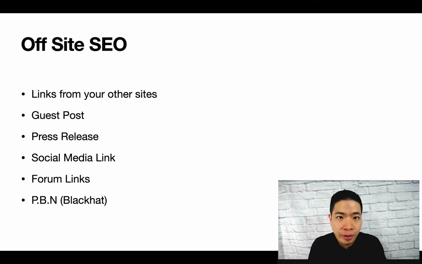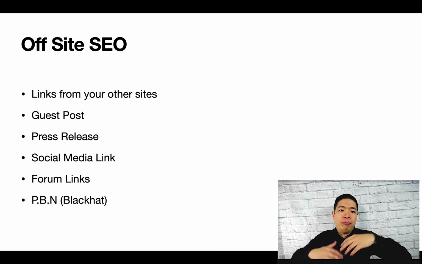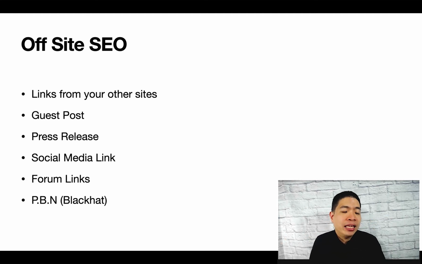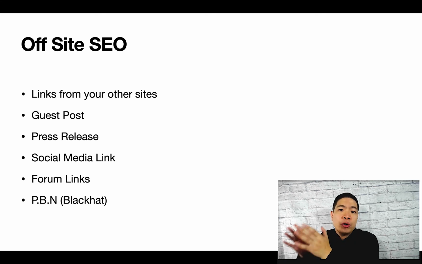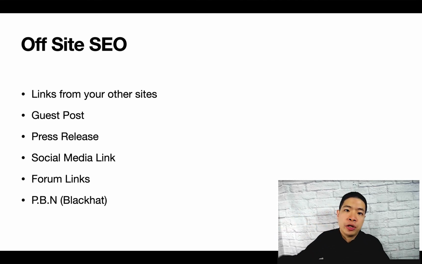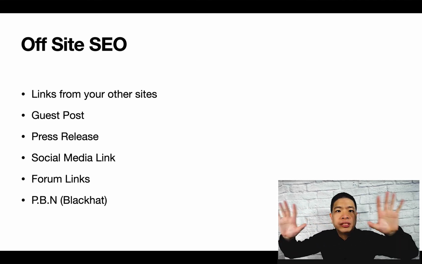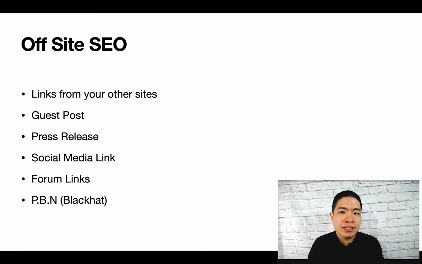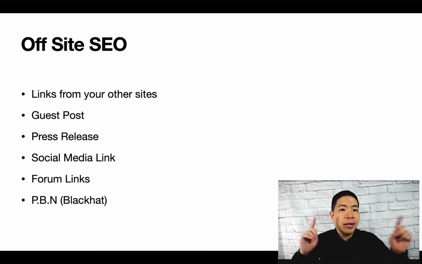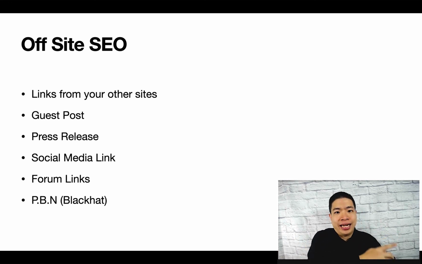Another one is press release, which means you can announce a press release. If journalists like your content, they will feature you in the news. Those news links are really precious, right? You also get some links from the press release as well. Also social media links. If you have a Facebook profile, LinkedIn profile or Twitter profile, make sure you have a link to your site, so that can help you with your SEO as well.